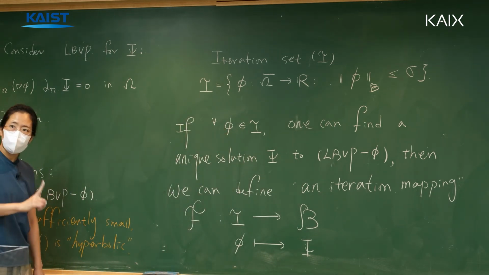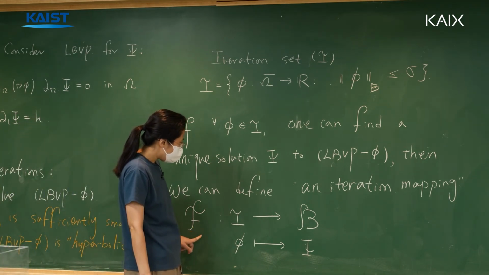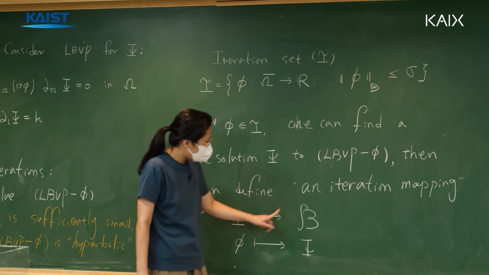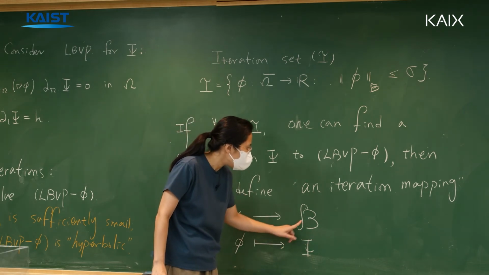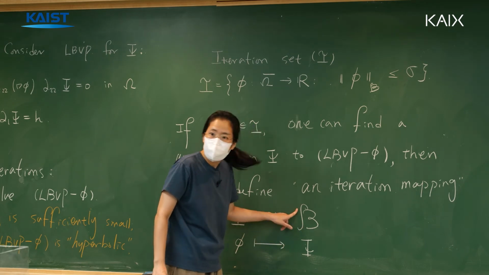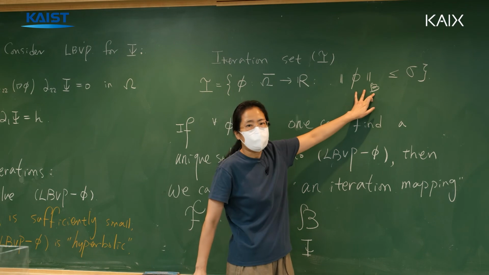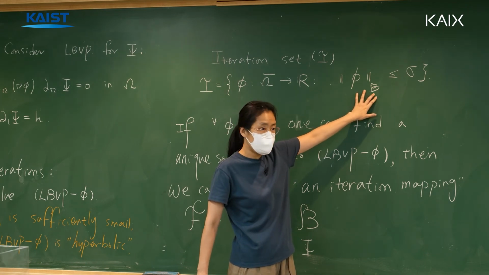But there is one condition here. This mapping can map this iteration set into this Banach space only if I can guarantee that this big psi really belongs to this space. So it means that the Banach space must be correctly chosen.